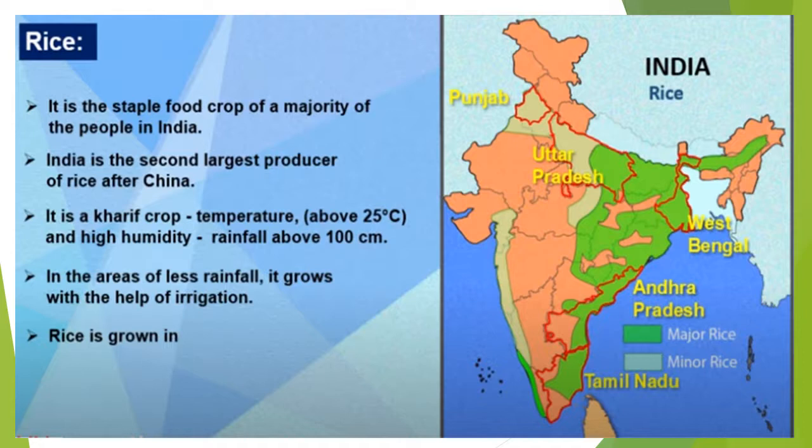So let us see in which states this rice is grown widely. Here you can see Punjab and parts of Uttar Pradesh, West Bengal, Andhra Pradesh, Tamil Nadu, even some parts of Kerala, Assam also.